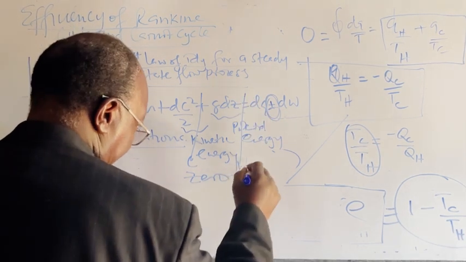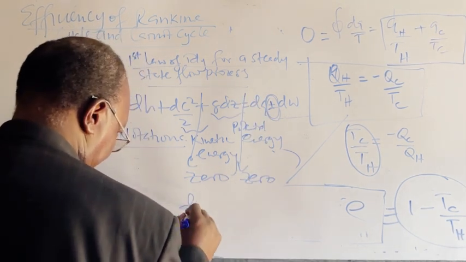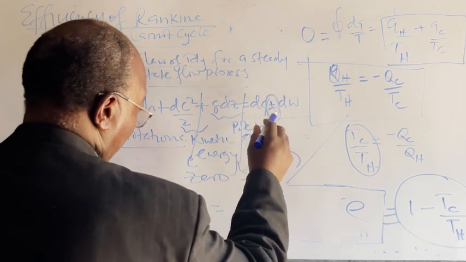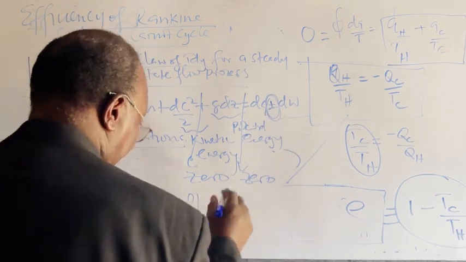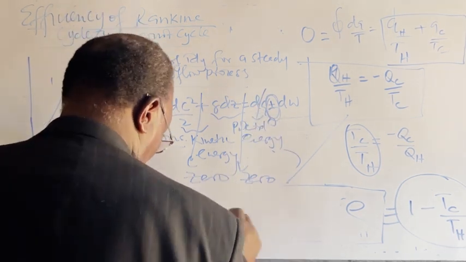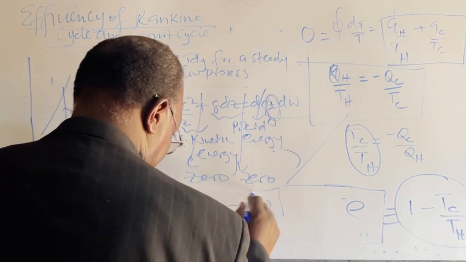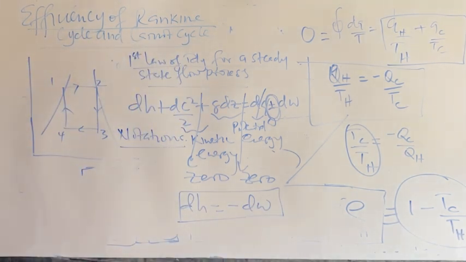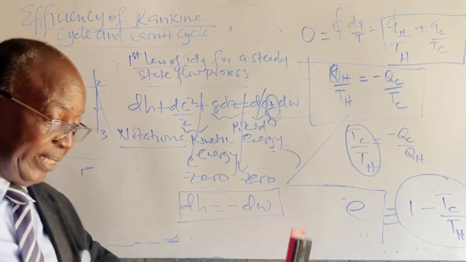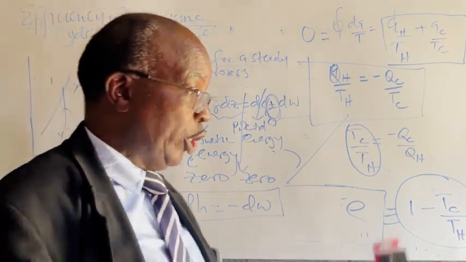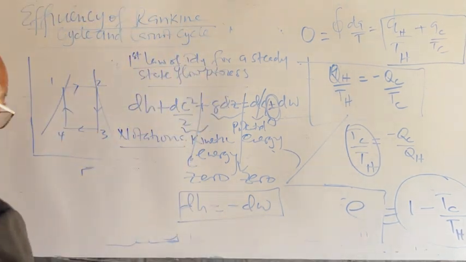The process is adiabatic, so dH is equal to minus dW in a nutshell. So the work done is basically the change in the enthalpy for those particular processes.